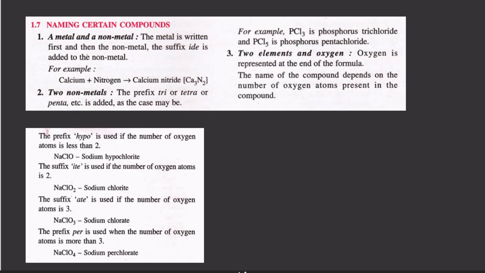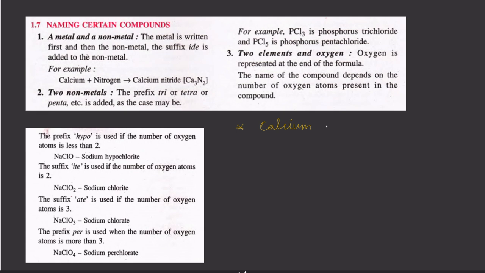When we are writing the name of a metal and a non-metal, for example calcium and nitrogen, calcium is a metal and nitrogen is a non-metal. If a metal and non-metal react, how can we write their names?